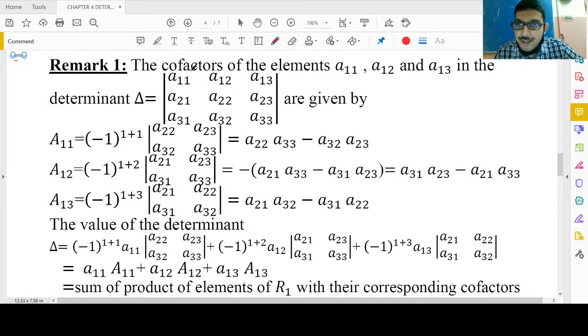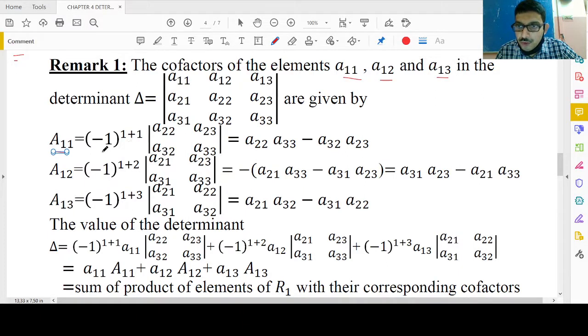Now let us find the cofactors of the elements of the first row, that is A11, A12, A13. In the determinant delta, A11, A12, A13, A21, A22, A23, A31, A32, A33 are given. We'll find the cofactor of the first element, A11. What you need to do is delete the first row, first column.